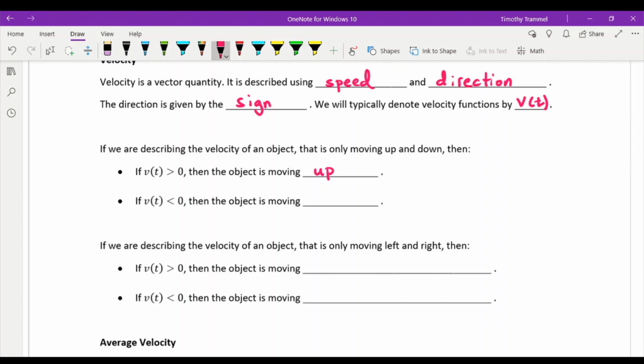That is, if we're talking about vertical motion, up and down motion, and if the velocity is negative, the object is moving down. And then if we're talking about left to right, then we'll say if the velocity is greater than 0, the object is moving to the right. And if the velocity is negative, then the object is moving to the left.